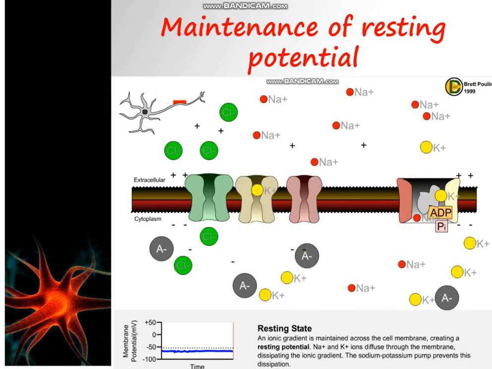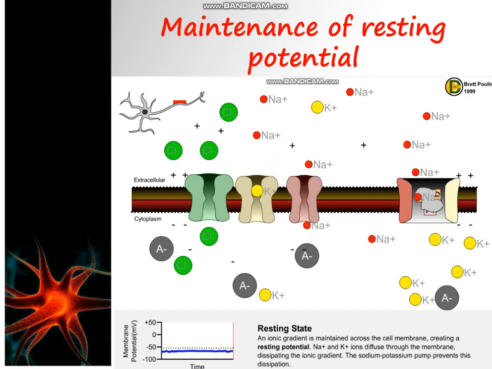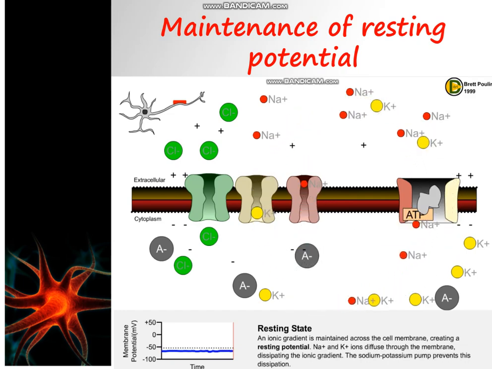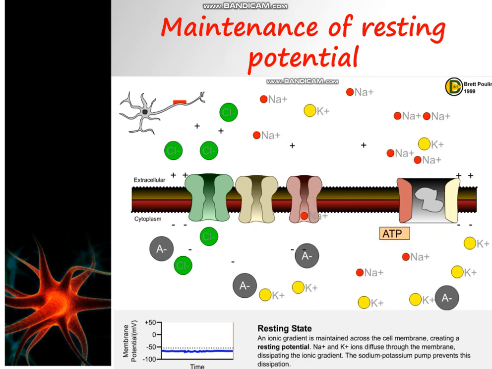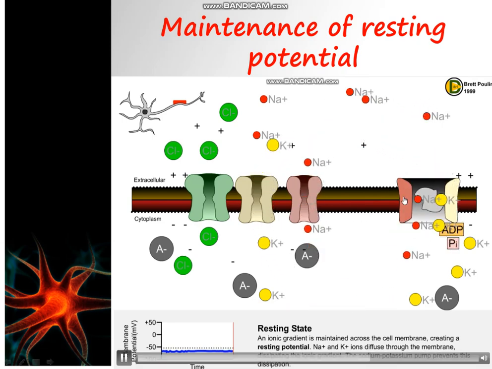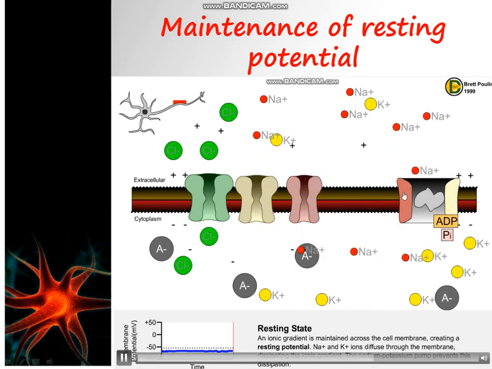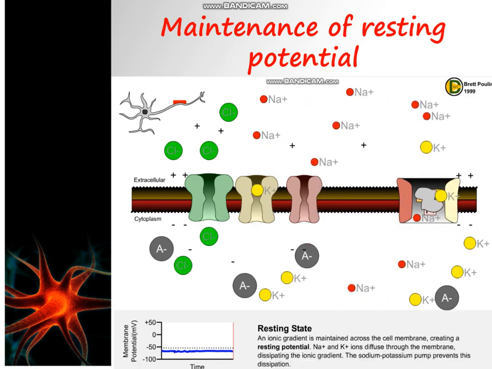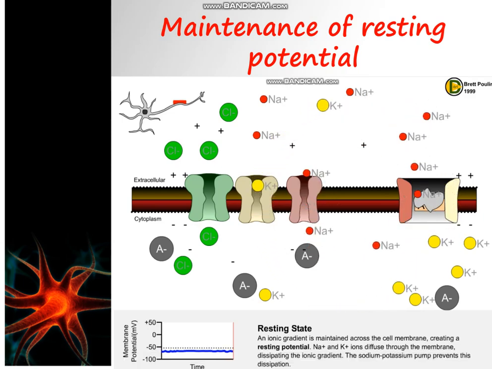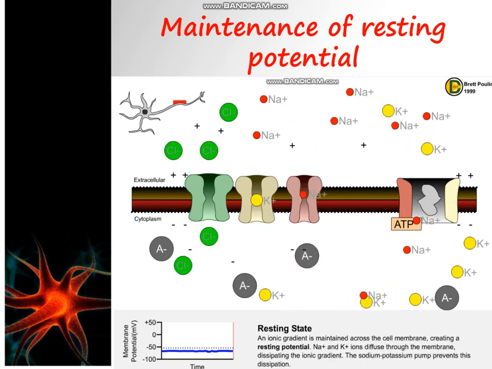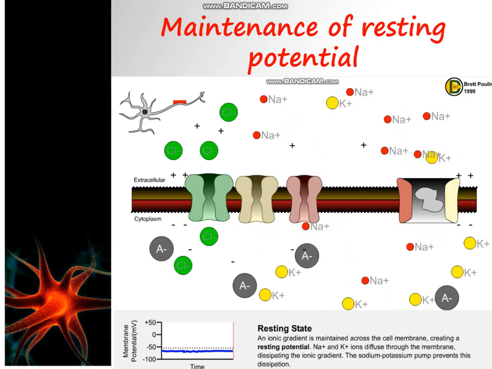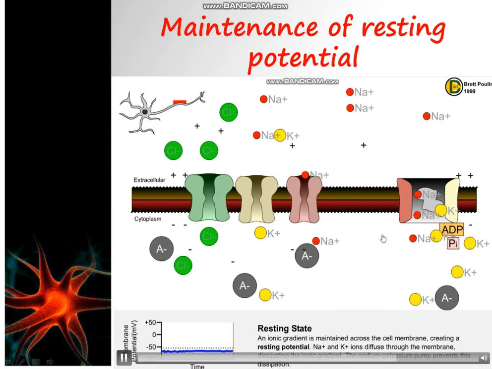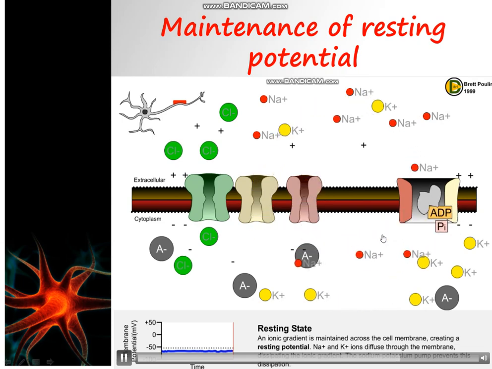Do we arrive at such moment? Actually, no, because there is a pump called Na+ K+ ATPase pump, or simply Na+ K+ pump. What happens at the level of this pump?